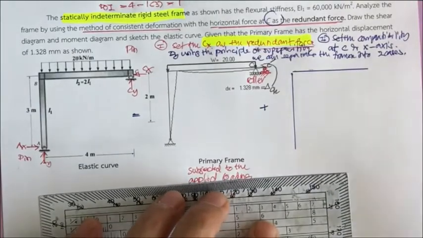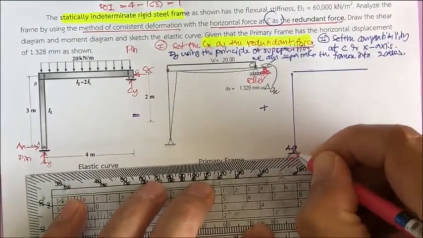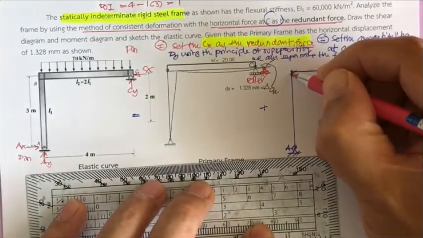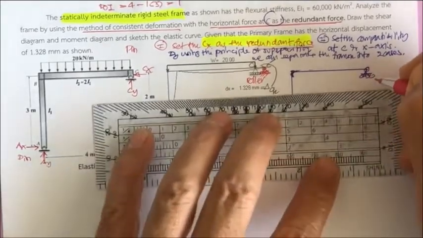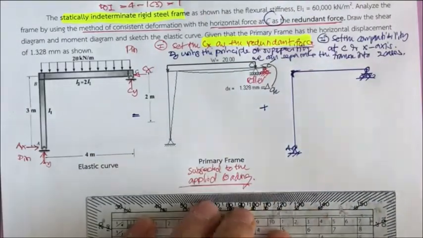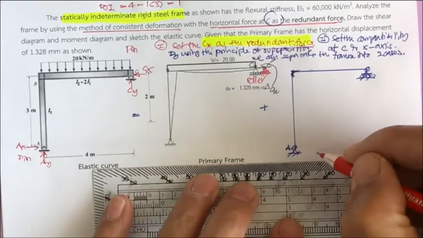And again at A we still have this pin, and now this is going to be the rigid joint, and this is going to be the roller.